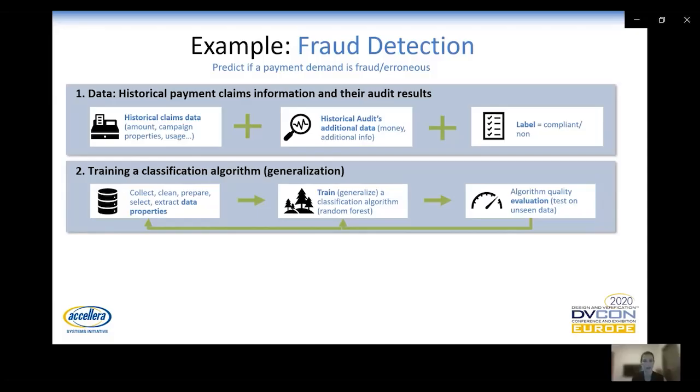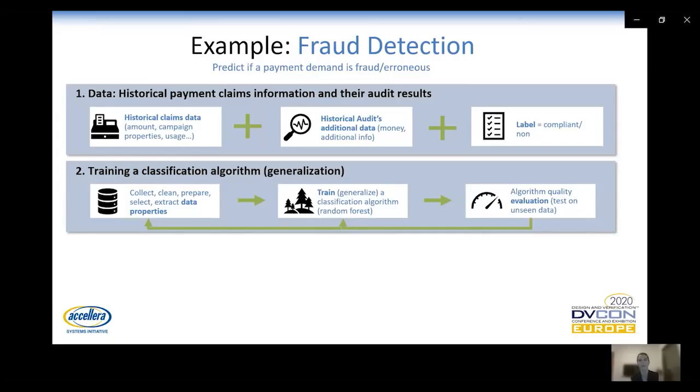Once the algorithm completed the processing phase, we evaluated the quality of the algorithm using KPIs, key performance indicators that we defined in advance, and we evaluated based on applying the machine learning algorithms on unseen data, meaning some subset of the data that we put aside.